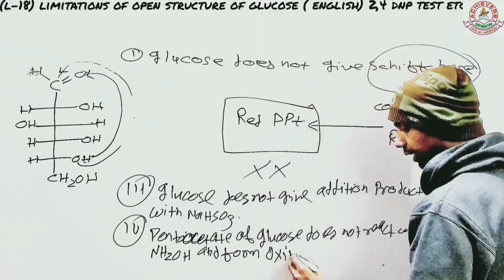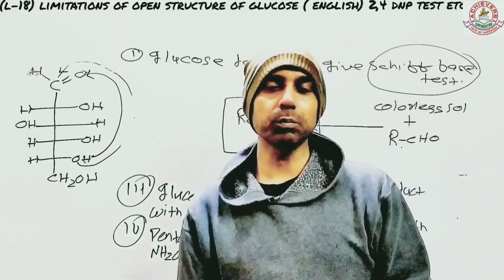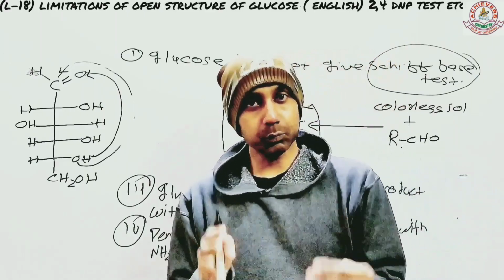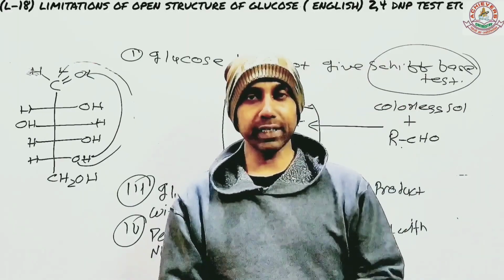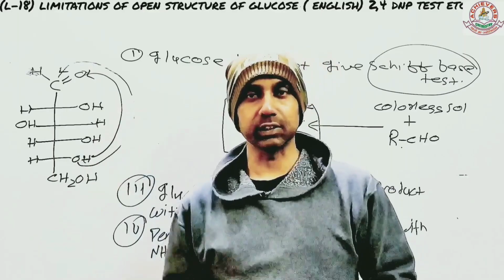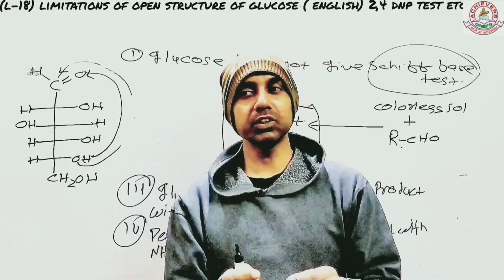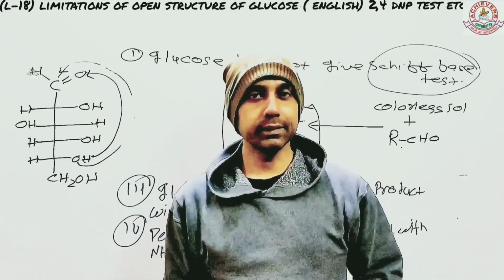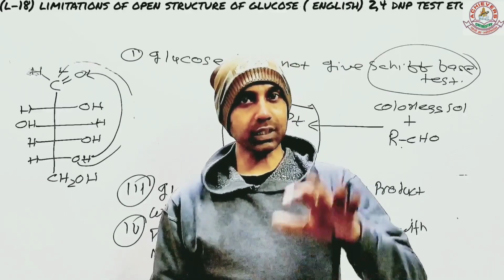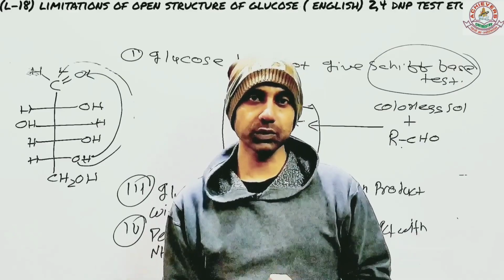So this is going to be the last one. What that means is that the pentaacetate of glucose cannot form oxime, which we feel it might be able to form, because we feel like there is an aldehyde oxygen. But because the oxygen is constantly being used in making the ring, it is also not able to form the oxime. So these are the four basic demerits or drawbacks of the open structure of glucose.